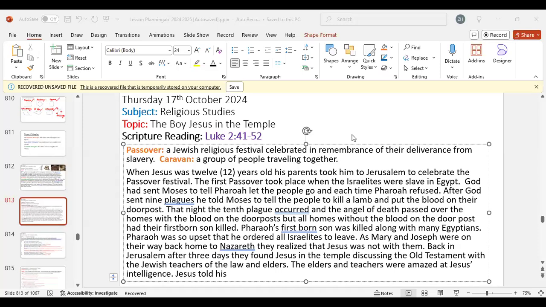And in the King James Version, it says, and he said unto them, how is it ye sought me? Wist ye not that I must be about my father's business? Jesus just asked his parents, why were you searching for me?